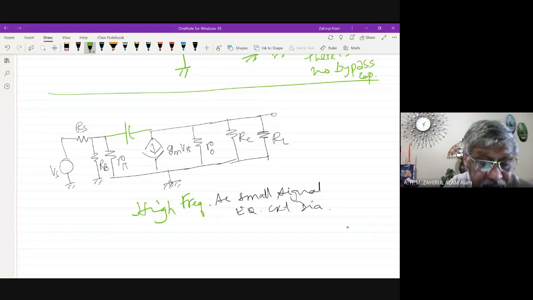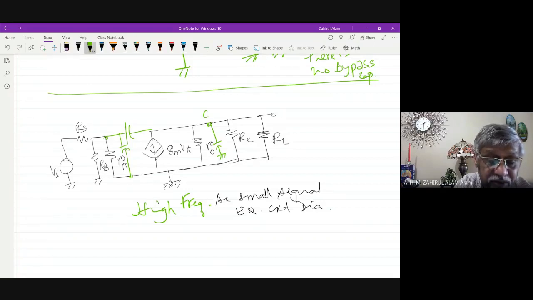One is base to emitter, and one is collector to ground. So these are three additional capacitances for the transistor.